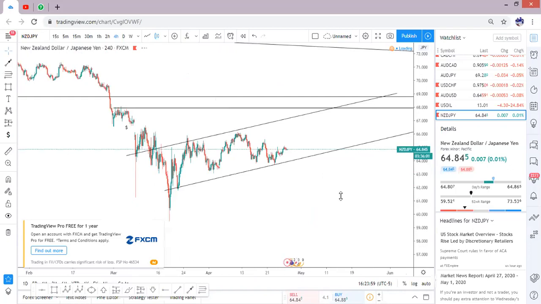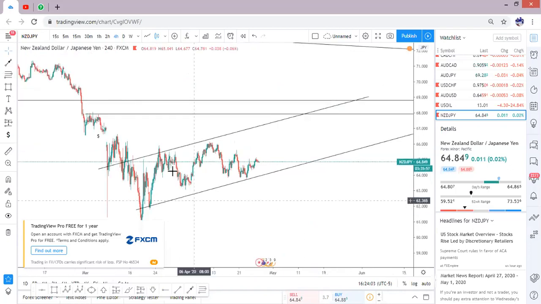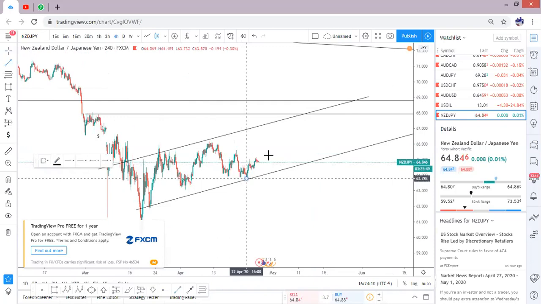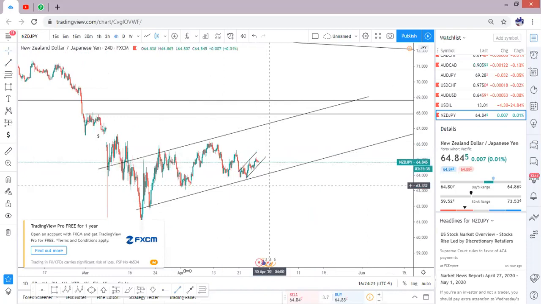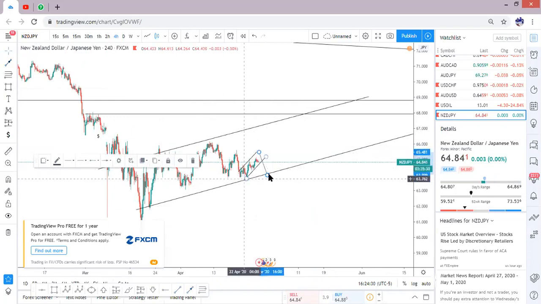So this is a big channel from the weekly, daily. Inside, I can still figure out some move inside here. This small channel gives us a move down here to give us a double bottom.